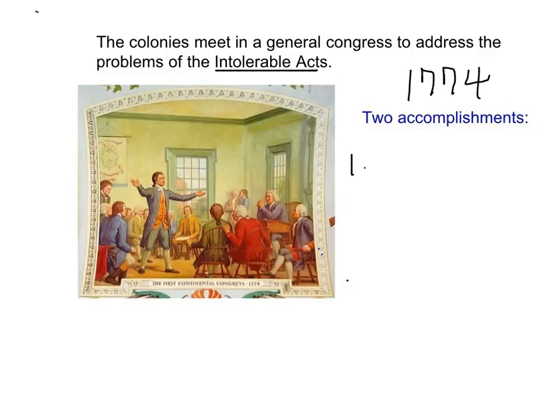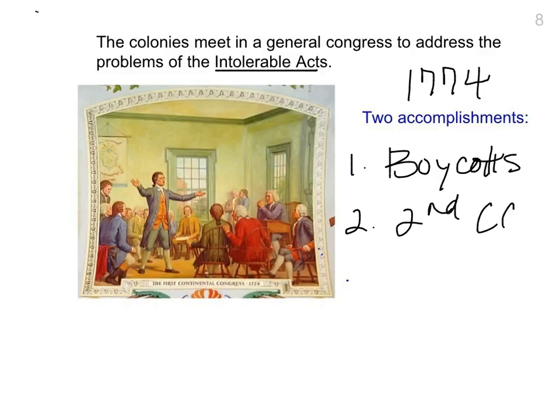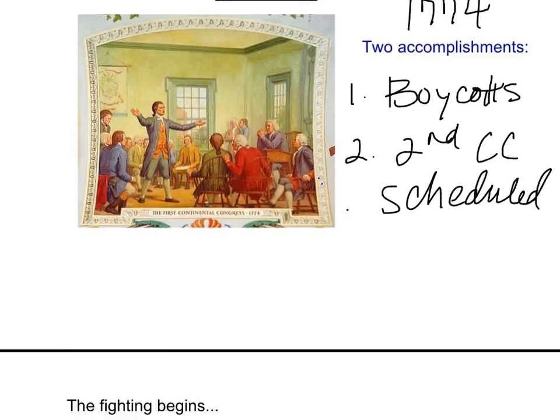One, boycotts are formalized. They're no longer going to be dealing with British goods. And two, the Second Continental Congress is scheduled for May of the following year. That's pretty important.